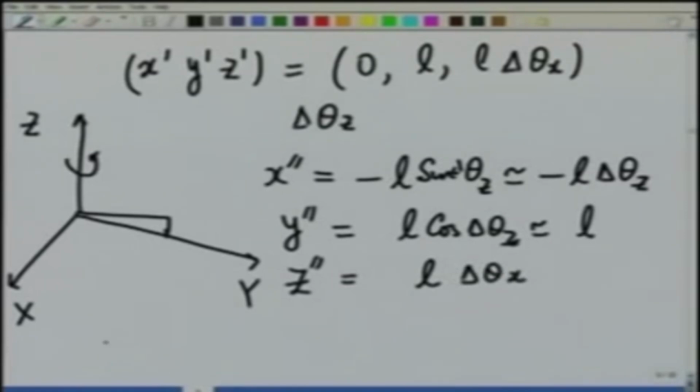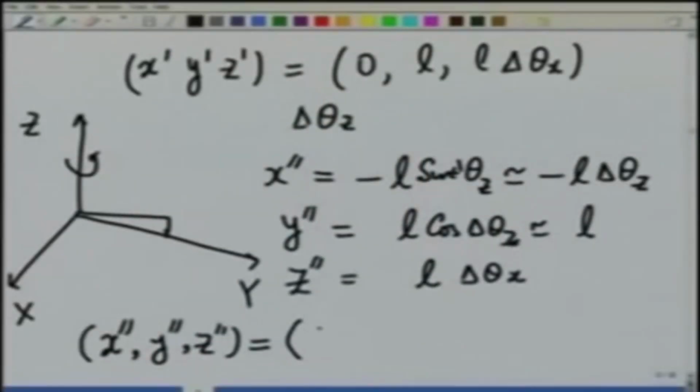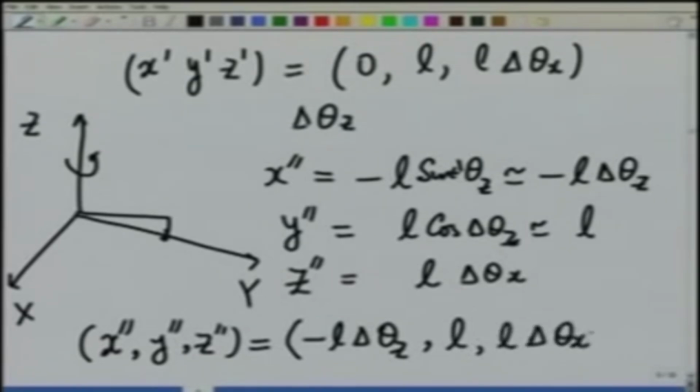So, the new coordinates that we get after the two rotations have been done, that is a small rotation about the x axis by amount delta theta x, followed by a small rotation about the z axis by delta theta z, gives you the new coordinates starting from 0, L, 0 coordinate. Rod starting from this position is minus L delta theta z, L and L delta theta x.